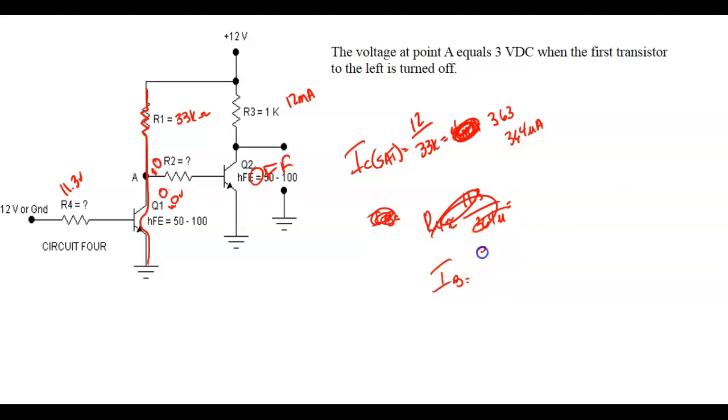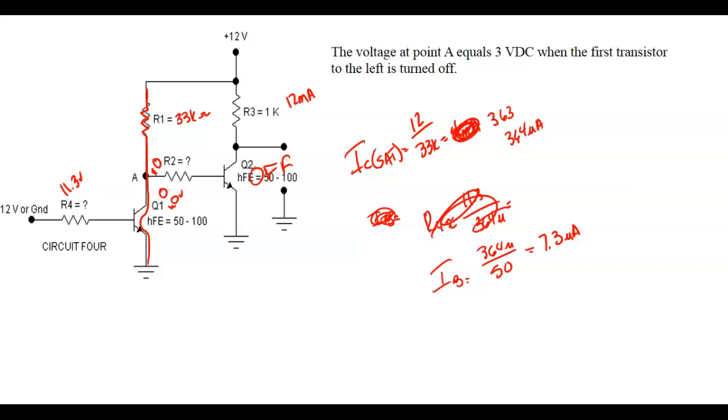It's going to be equal to 364 micro divided by 50. So what do we get? 7.3 microamps.